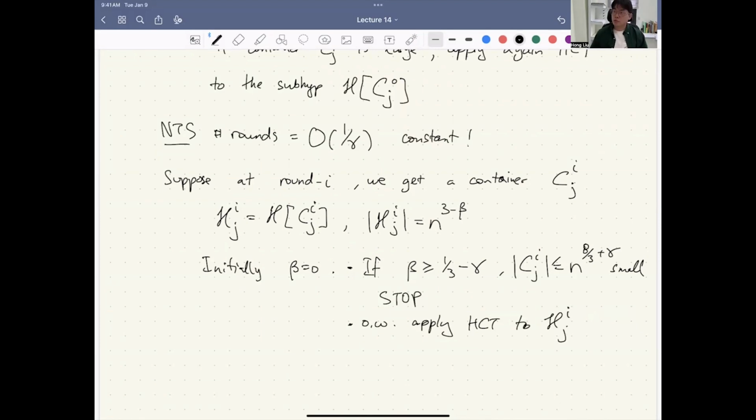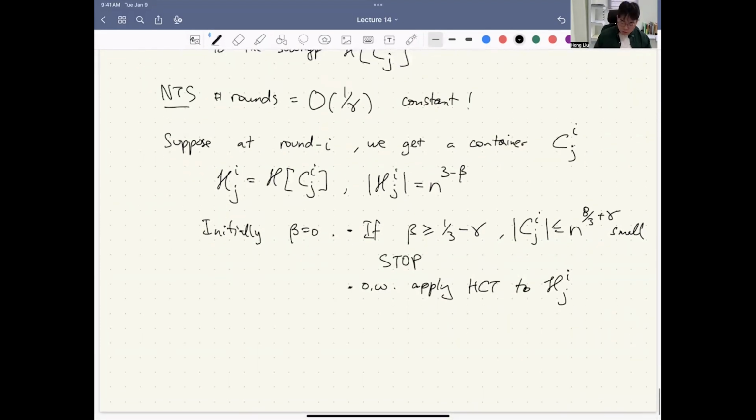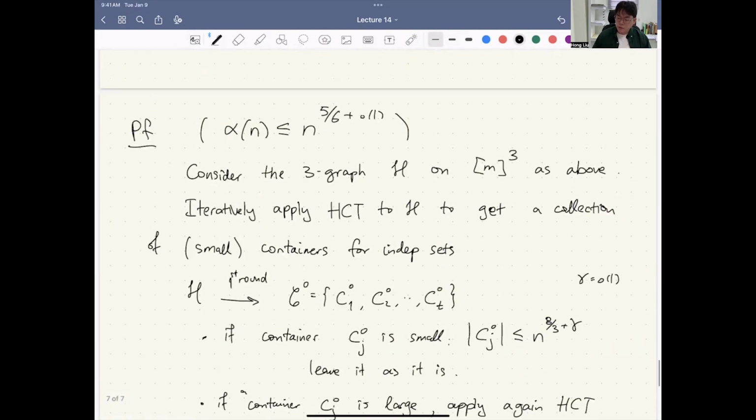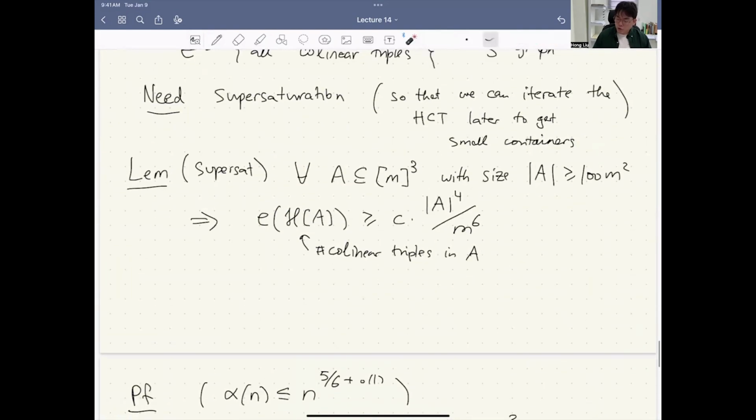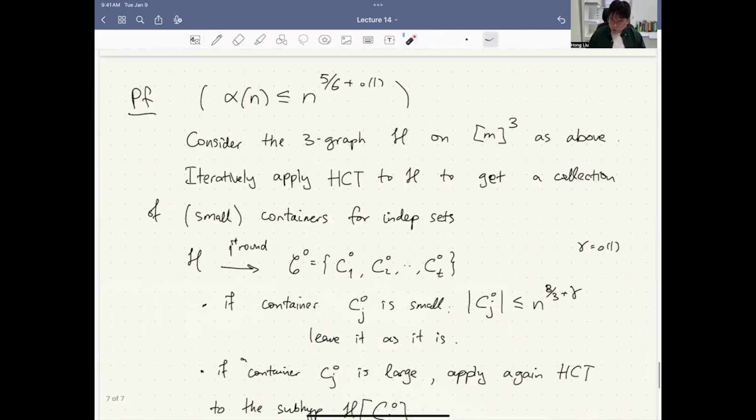Now let's compute its average degree. So now let's consider this H_j^i hypergraph. The number of edges of this hypergraph, by supersaturation, is at least, what does it say? A to the 4 over m to the 6, right?